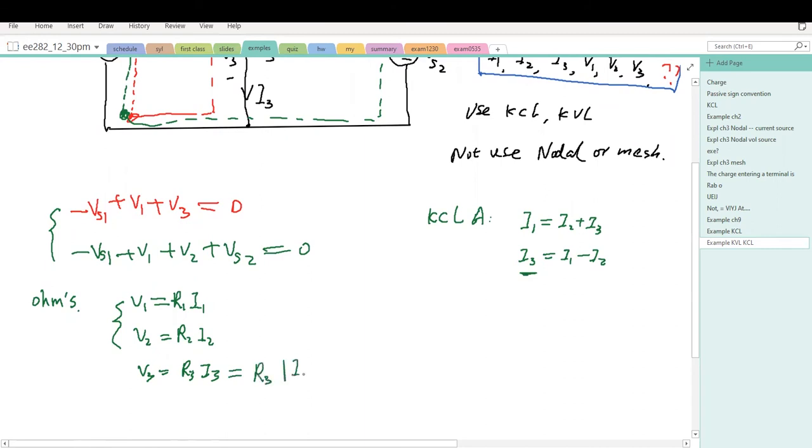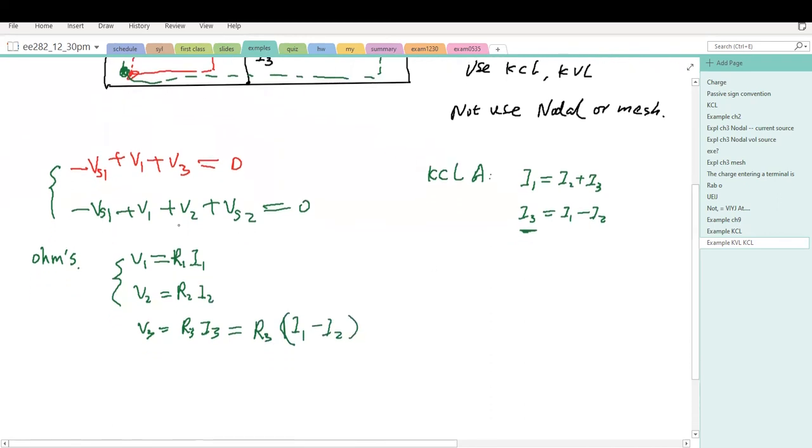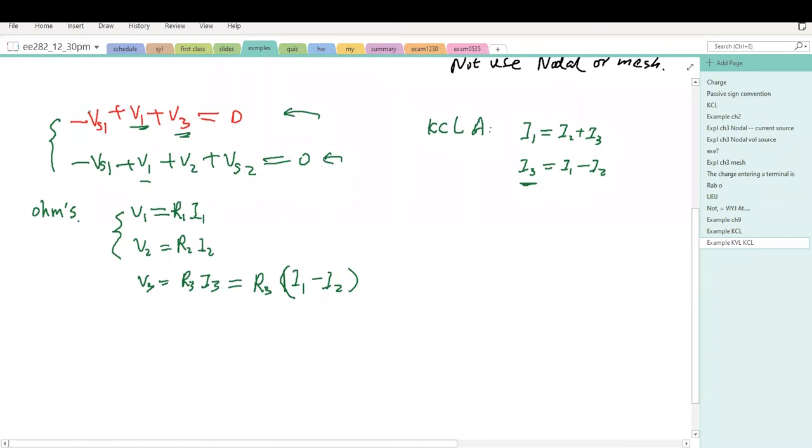R3 times (I1 minus I2). Now I'm going to insert V1, V2, and V3 back into these two equations. What we have, I'm going to move Vs to this side. So R1 I1 plus R3 (I1 minus I2) equals Vs1.